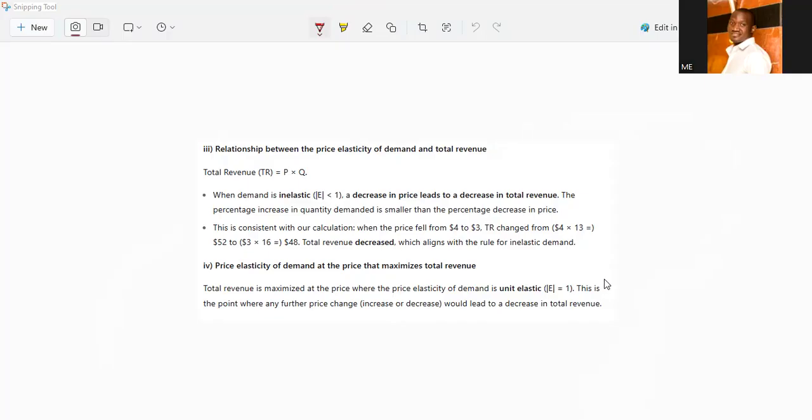So you usually have unit elasticity. Anytime you are maximizing total revenue, you have unit elasticity. That is our general rule, and that is what happens. So elasticity of demand, you're usually going to have a unit elastic demand.